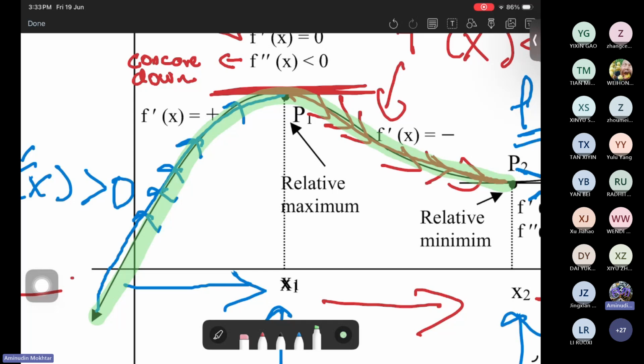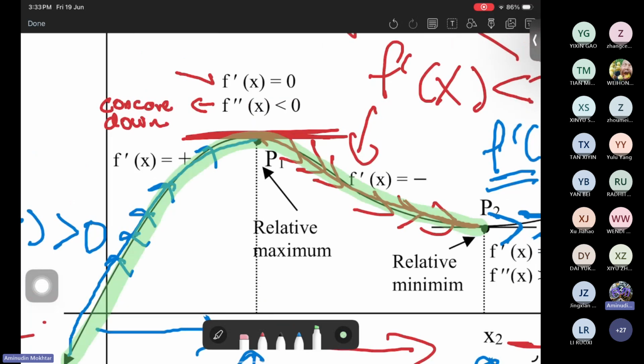So this extreme value is a maximum value. Remember, the extreme value can be divided into the maximum and minimum value. In terms of the second derivative, the value of the second derivative in this case is negative.